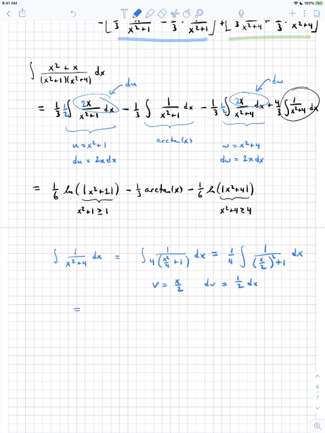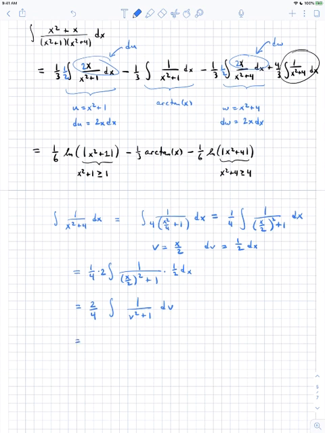So we've got 1/4 times the integral of 1 over x over 2 quantity squared plus 1 times dx. We need a 1/2 there, so you have to multiply by 2 instead of dividing like we usually do. Now we have 2 over 4, which is 1/2, times the integral of 1 over v squared plus 1 dv. And now this is arctangent of v, so this is 1/2 arctangent of v plus a constant. But remember what v was. It's x over 2. So we didn't actually have a 4 anywhere, we just had a bunch of 2's.